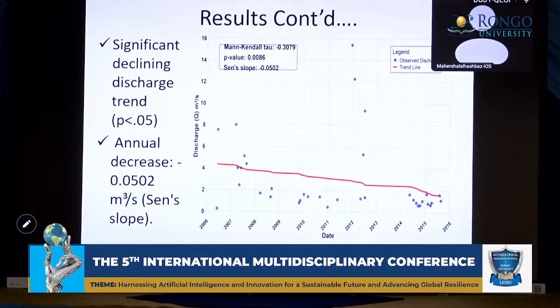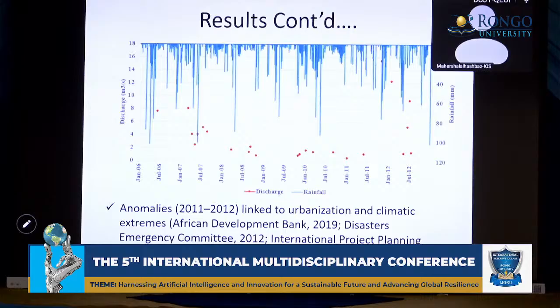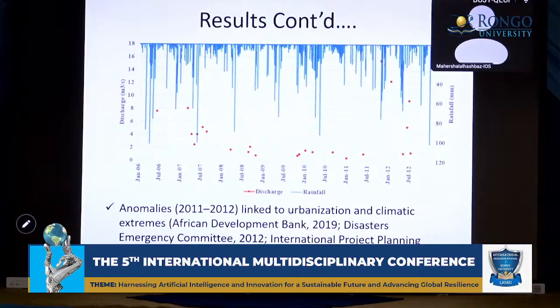Just to put context on the anomalies that I got during the data preparation, it showed that in 2011 and 2012 there was extremely high discharge, and this coincided with intense urban development.